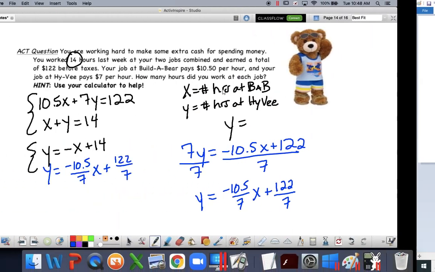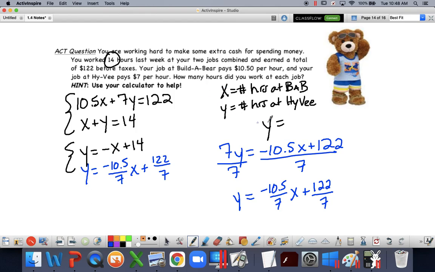So that tells me that the number of hours that I worked at Build-A-Bear was 6.86. And the number of hours I worked at Hy-Vee was 7.14. And those are the solutions to your system.